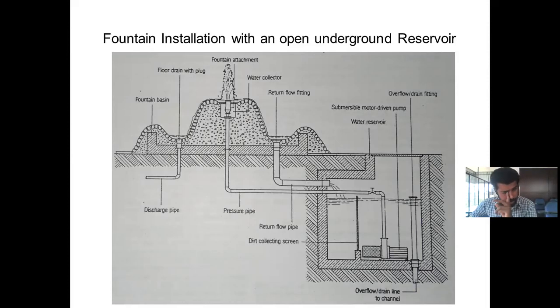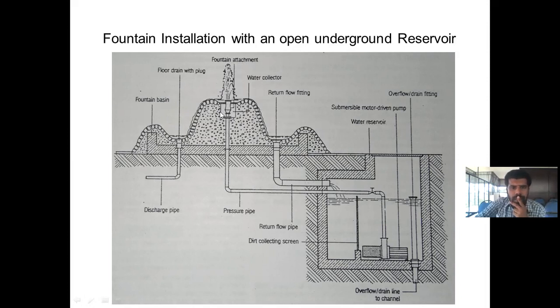So now you can see here. This is the fountain attachment. A small water collector is there. Then you can see these are all made up of stones or some decorations or something like that.